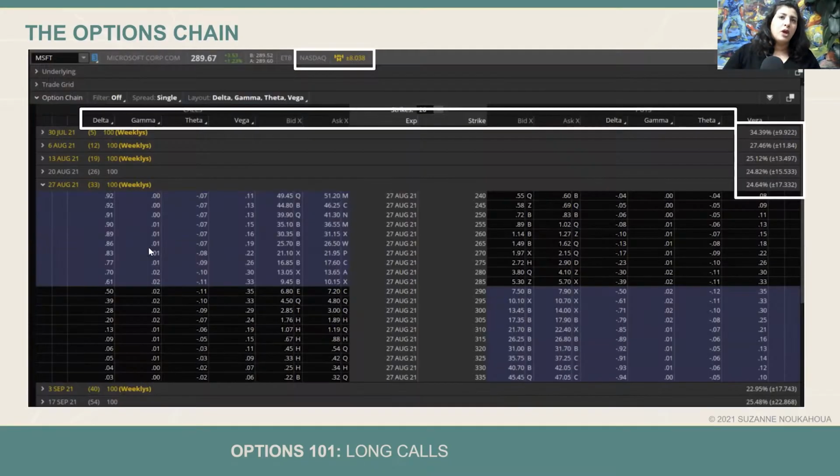Now, if we go backwards, you can see that as the price goes up and you start to be deeper in the money, then your delta starts to increase. And so for every dollar that the underlying moves, you actually start to make more money per dollar.